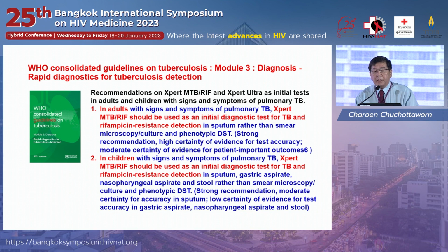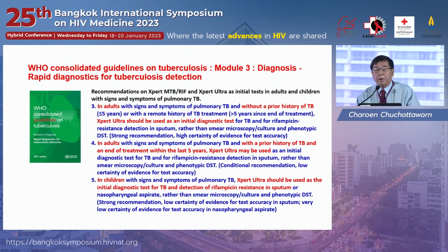And for the MTB/RIF, the old version, usually nicknamed generation 4 of the Xpert, WHO recommends that we can use it in every condition, even in children. But for the Xpert Ultra, the new version, they recommend it in patients who don't have any history of TB treatment before, or who completed TB treatment more than 5 years ago.